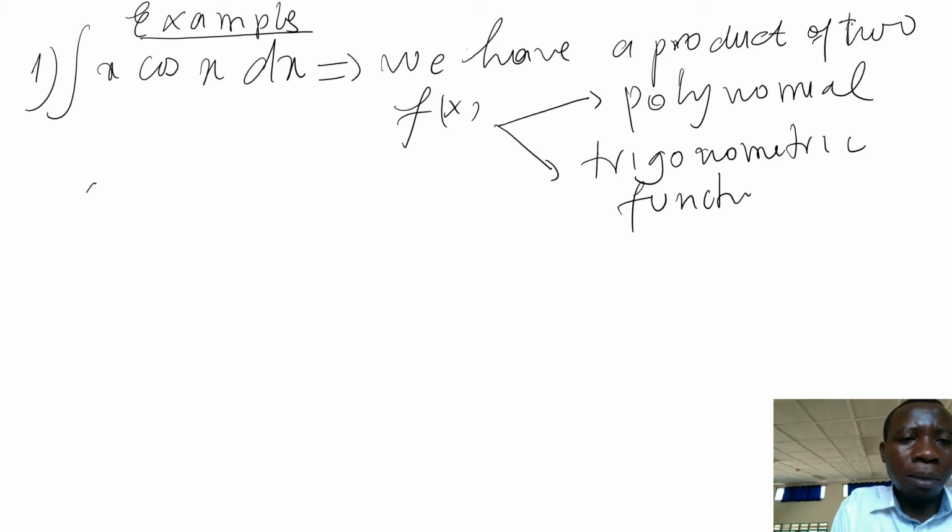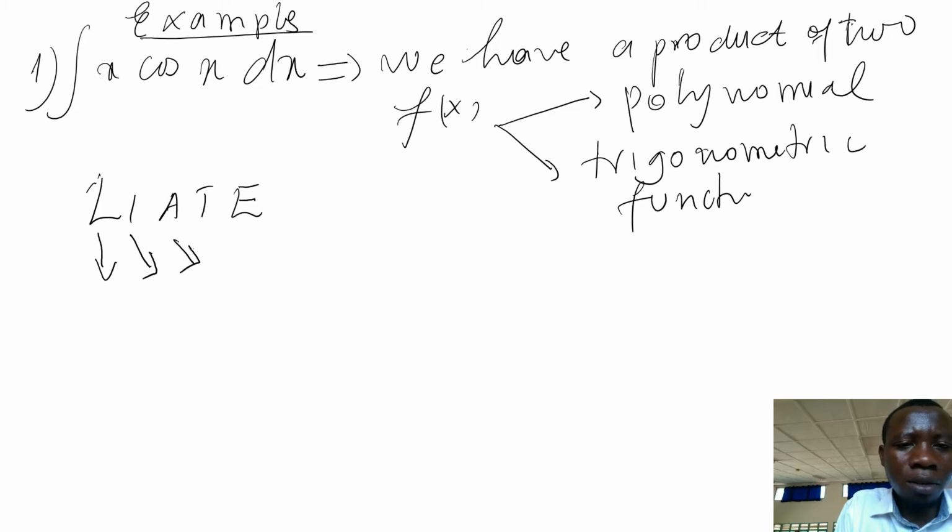Remember, when we are dealing with integration by parts, we use the word LIATE, and we check which letter comes first in this product. L stands for logarithmic, I for inverse trigonometric, A for algebraic or polynomial, T for trigonometric function, and E for exponential function.